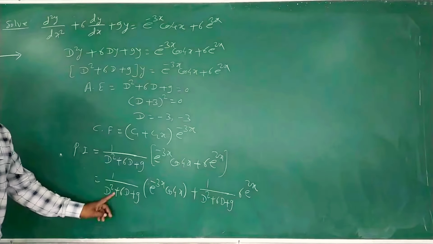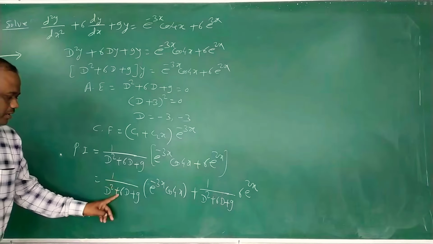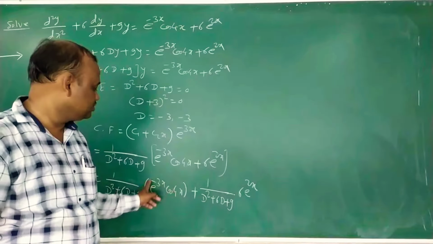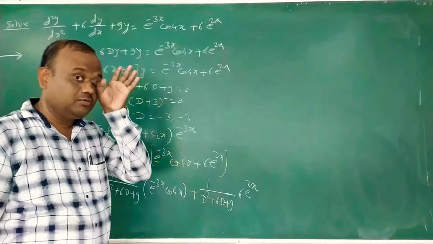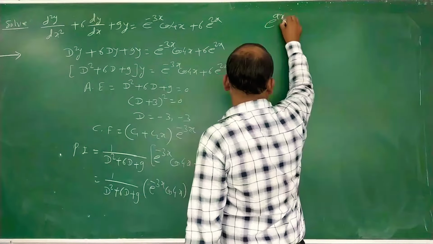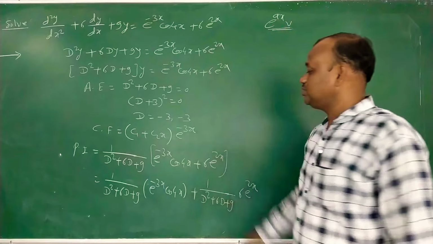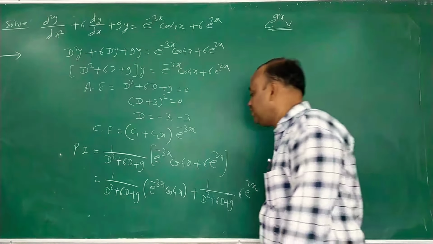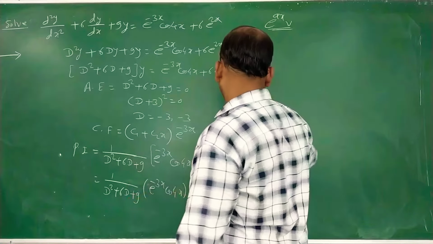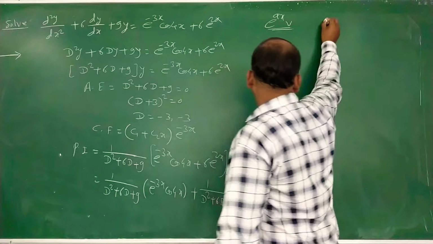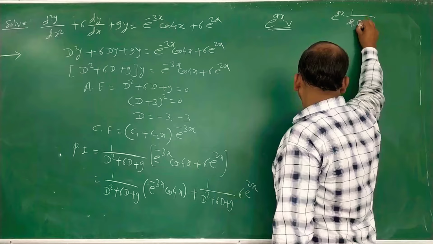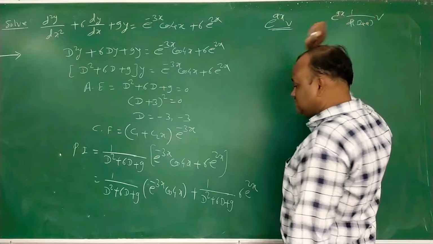Now here how do we find PI? 1/φ(D) into f(x). What is f(x)? The first one is an exponential function and the second one is cosine. That means if f(x) = e^(ax) V, where V is a function of x, then how do we find the particular integral? In that formula, first we have to write e^(ax) outside, and replace D by D + a in V. So this is the formula.